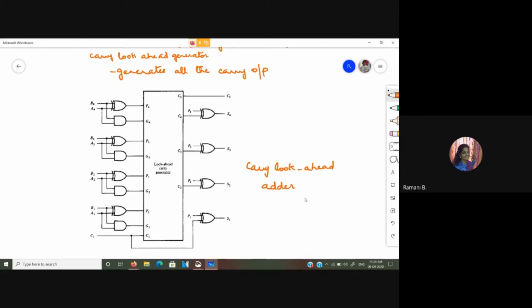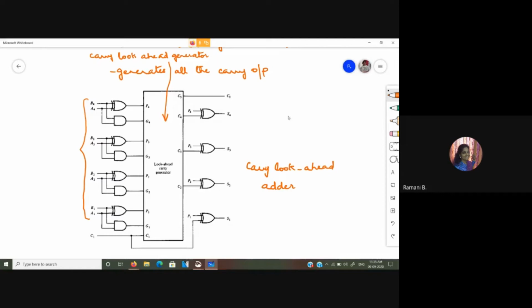The diagram we saw above is actually inside this box. These Pi's, Gi's that we saw: you have the Ai's and Bi's available, so Pi is generated with the XOR gate and Gi's are generated using the AND gates. And the final sum you get with respect to the previous carry.